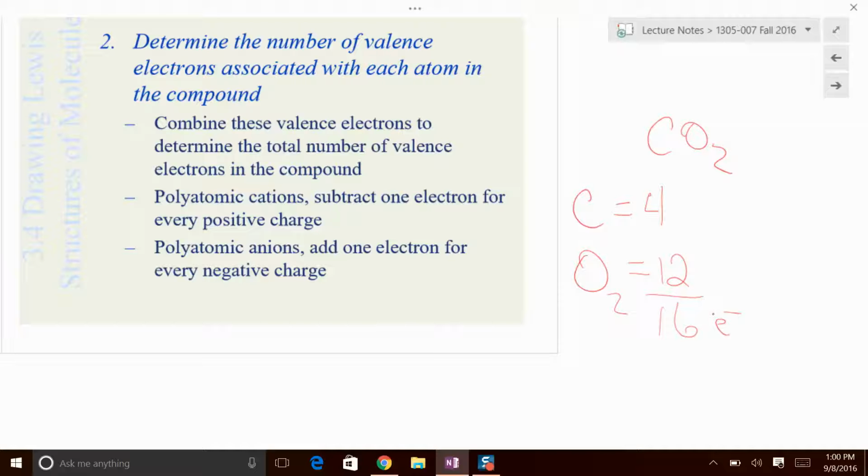So there are 16 valence electrons on a carbon dioxide molecule. If I draw a carbon dioxide and it has 18 electrons on it, it is wrong. If it has 20, it's wrong. If it has 14, it's wrong. It has to have 16 valence electrons to be carbon dioxide.